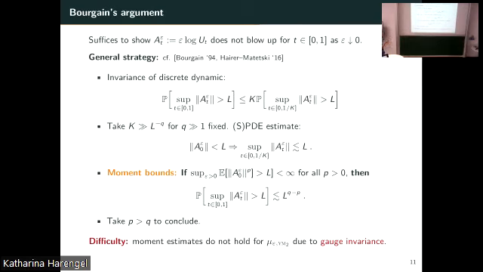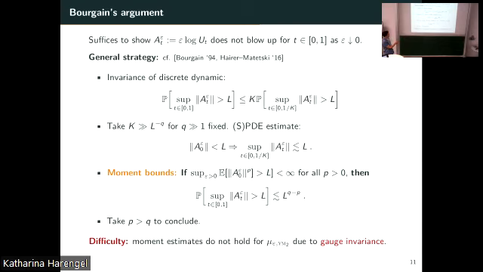We took this argument from a paper of Martin with Konstantin Matetsky, where we learned about this argument. The basic idea is as follows: you want to bound the probability that the supremum of your discrete dynamic is large over a fixed interval of size 1. So you chop up this interval 1 into k pieces, each of length 1 over k.